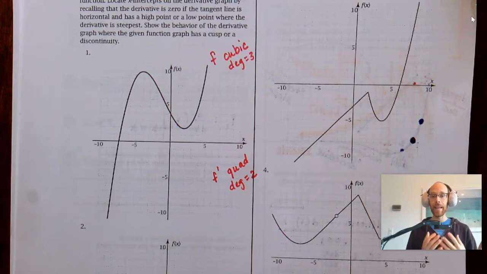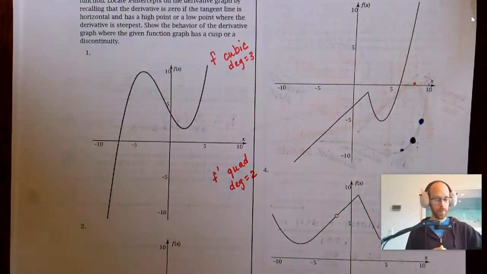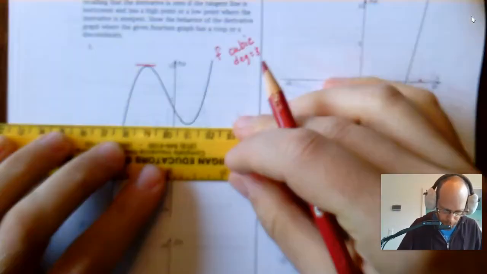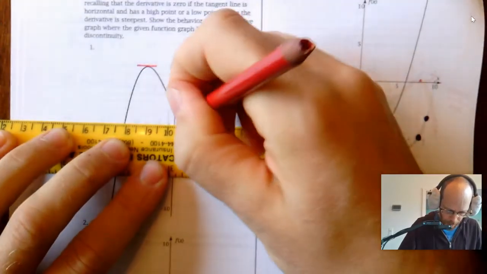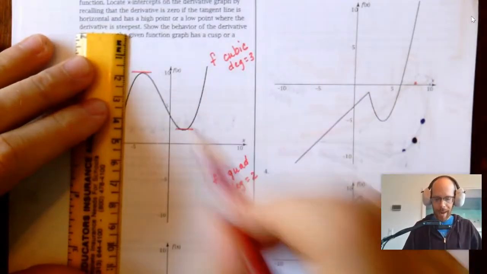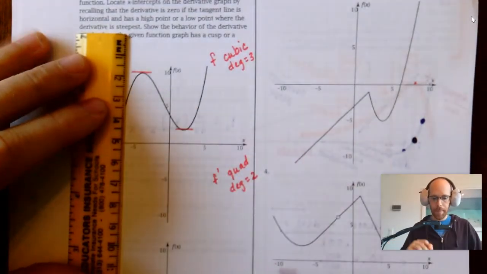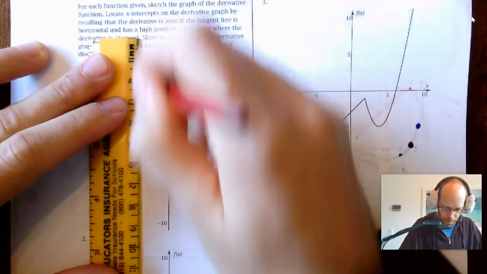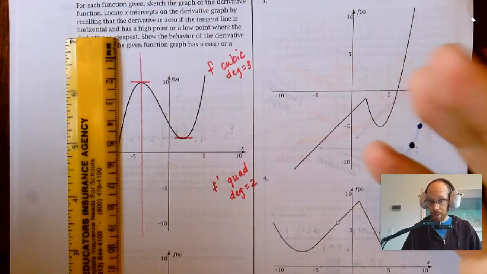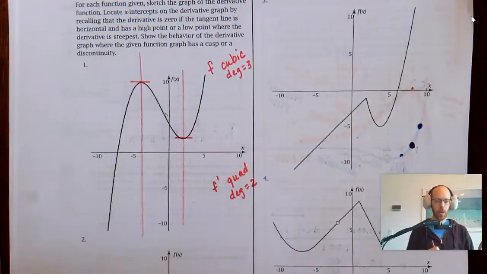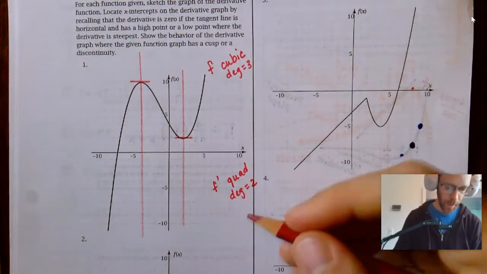Second thing is identify where the derivative will be 0. I see a 0 for the derivative here and here at the two extreme values, at the relative maximum and at the relative minimum. What I like to do, and other good students like to do, is I draw a couple of vertical lines at those points, and it helps keep us organized.